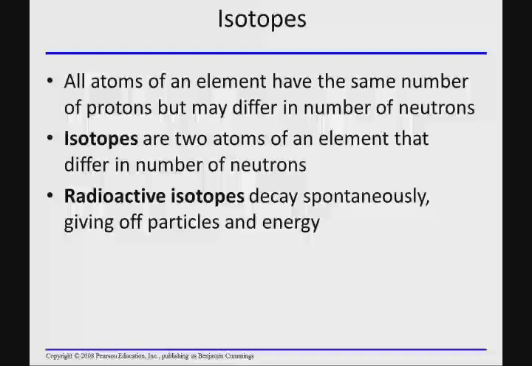Well, because many of those isotopes are radioactive. As you load up the nucleus with neutrons, what you tend to get is instability. And that instability can result in the spontaneous decay of that nucleus, and that gives off energy. Again, why do we care in biology? You've got plenty of isotopes in your body right now, and that's not a problem. That's a normal thing.